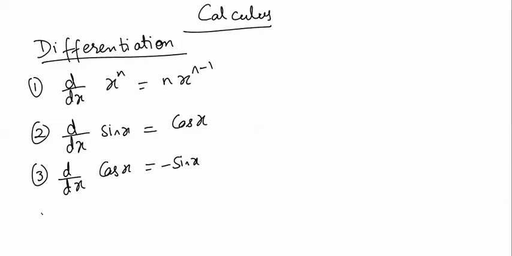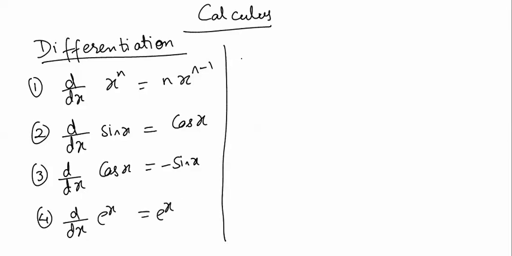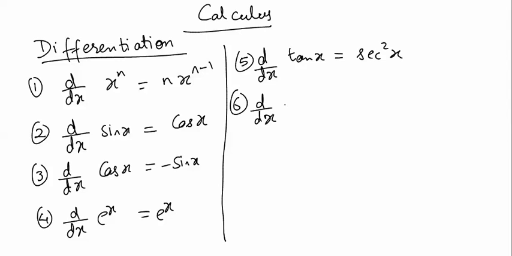Then d by dx of e raised to x is e raised to x itself. d by dx of tan x is sec square x. d by dx of log x is how much? Is 1 by x. Correct.